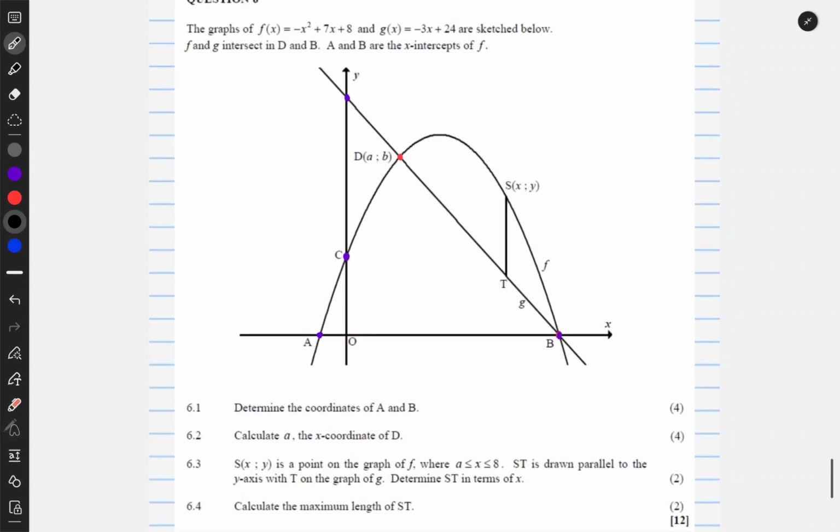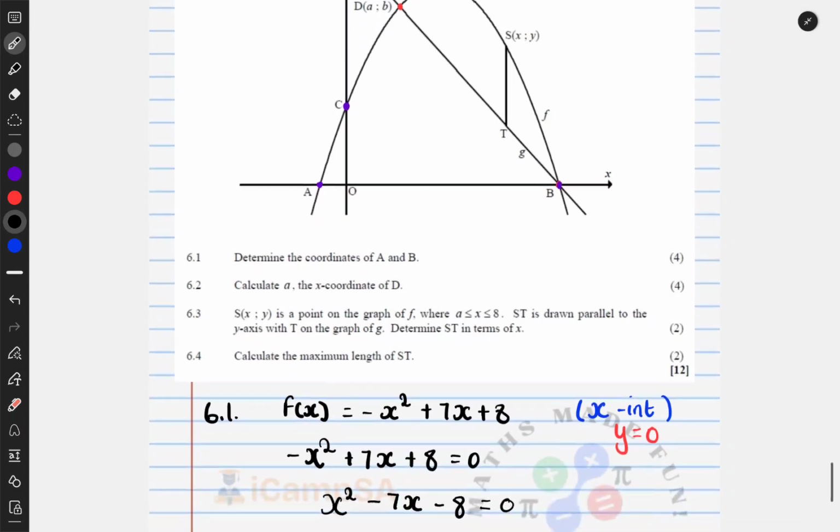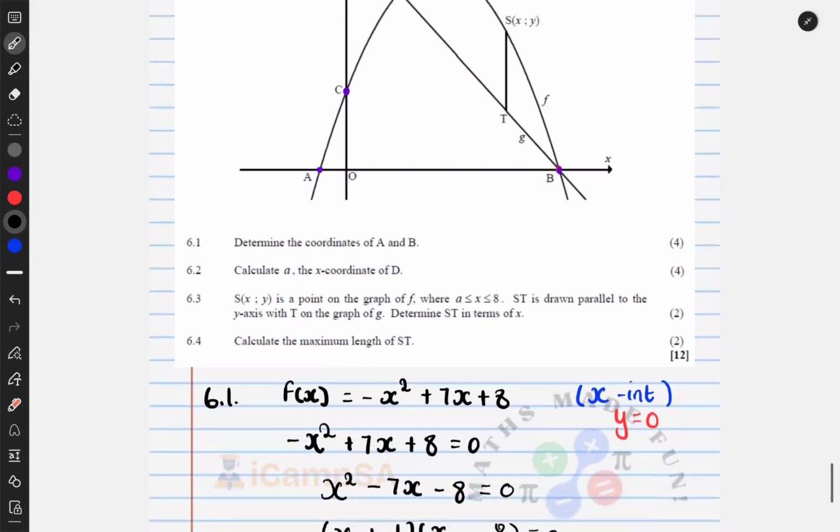And then 6.2, we are asked to calculate a, which is the x-coordinate of D. What do we know about D? D is a point of intersection between the parabola f(x) and the straight line. At the point where our graphs intersect, they are also equal.